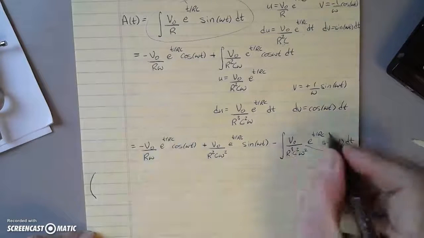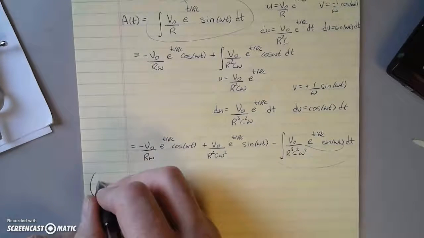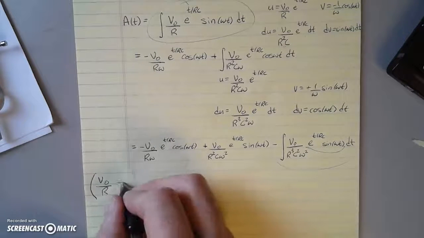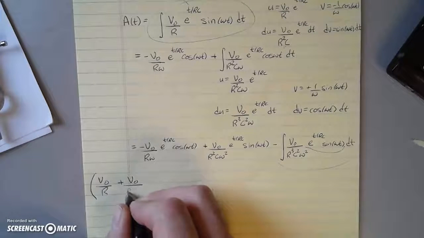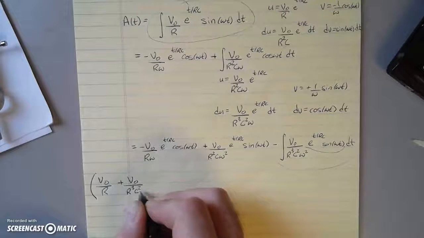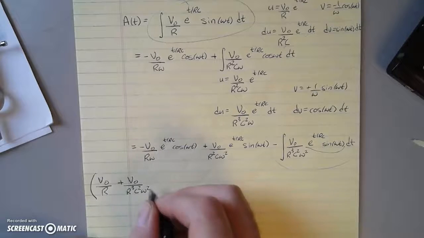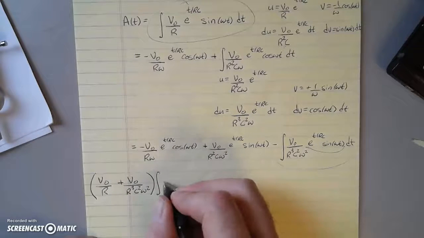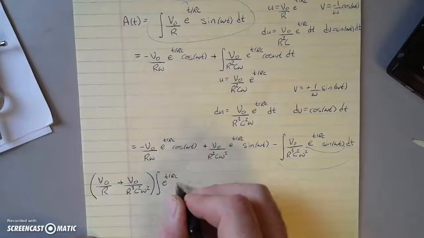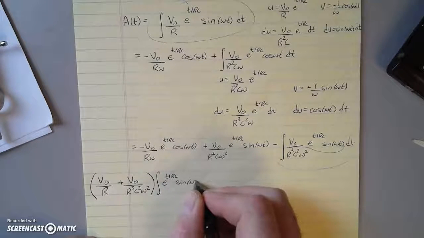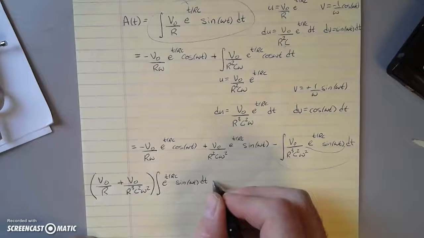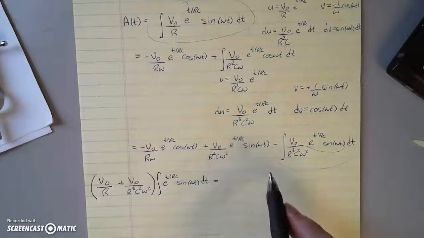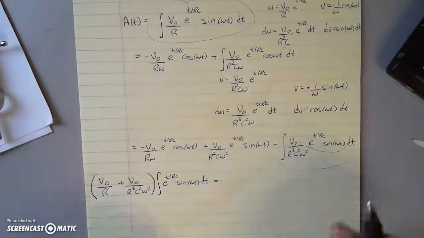If I add this to both sides, and pull out all the constants, I'll have v naught over R plus v naught over R cubed C squared omega squared, times the integral that I was interested in solving to begin with. And that's equal to all of this stuff right here.